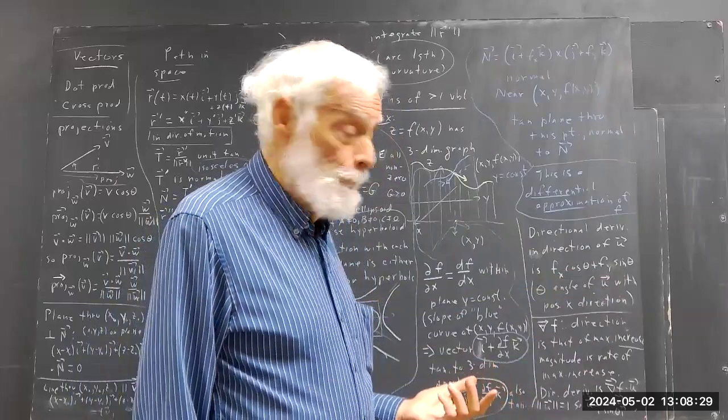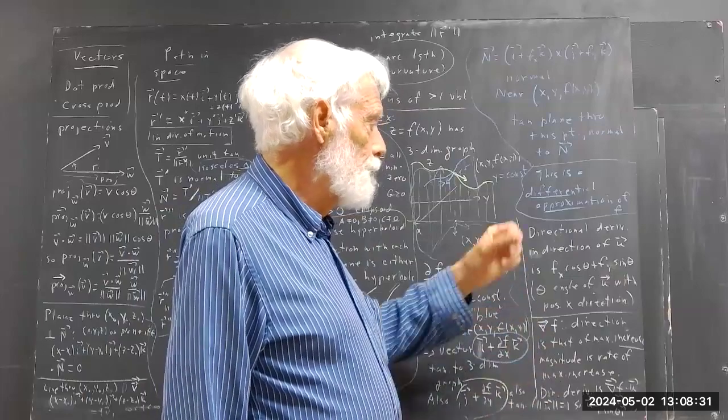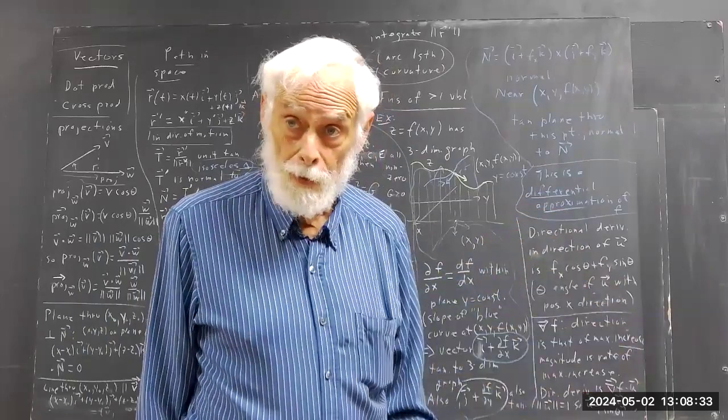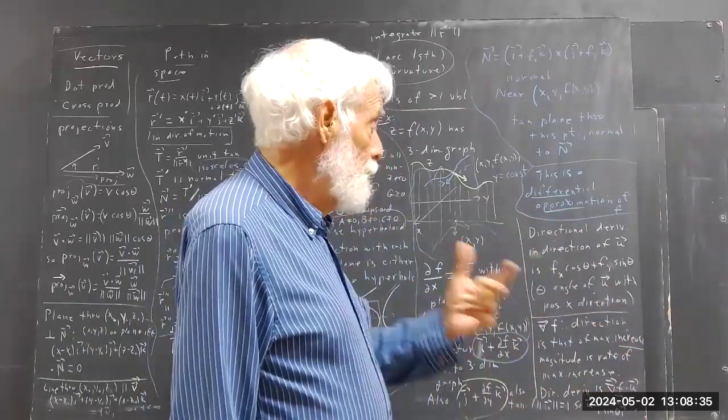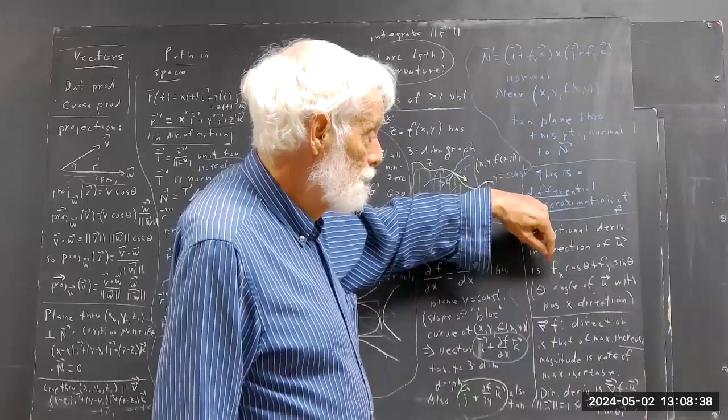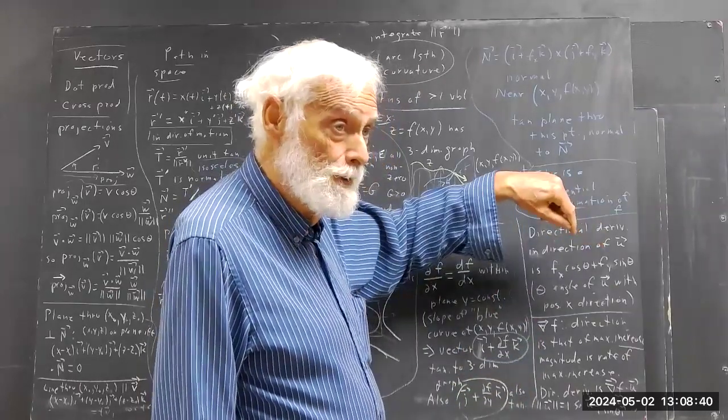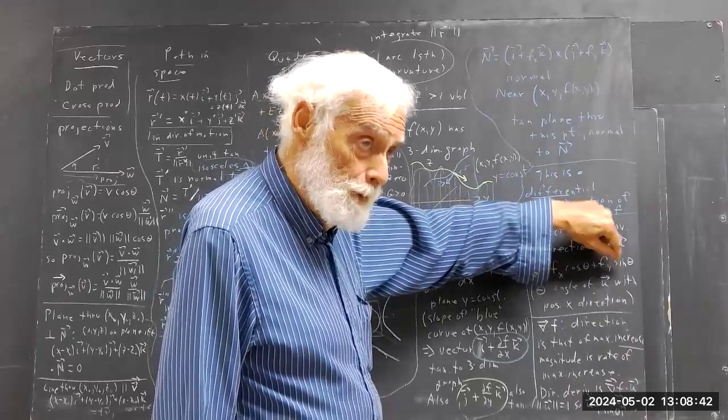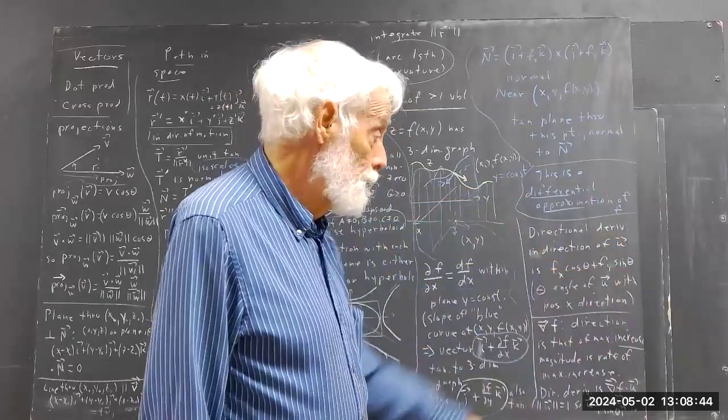But if you use a unit vector, then it's i cosine theta plus j sine theta. And you just do that dot product with the gradient of f, f_x i plus f_y j dotted with i cosine theta plus j sine theta gives you this.